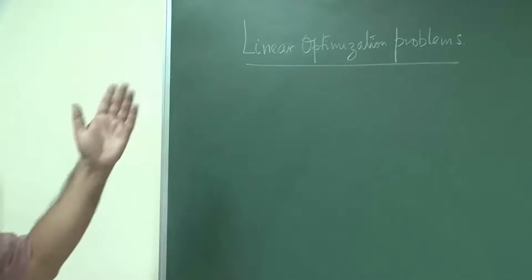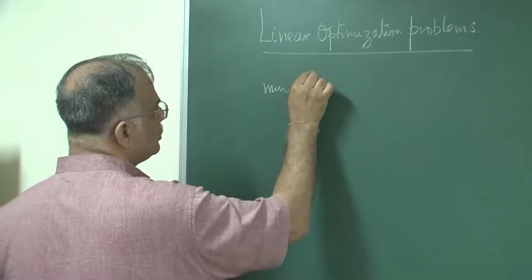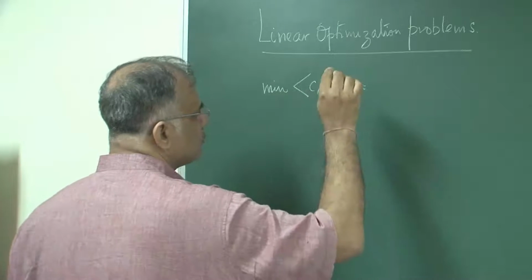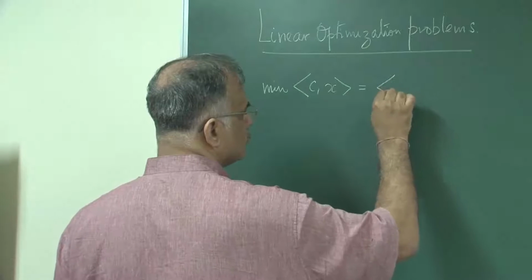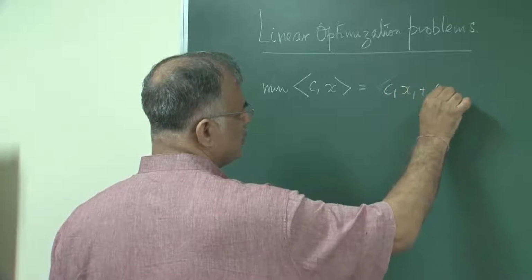There are a lot of books which deal with the linear optimization problem, where we minimize c transpose x, which is nothing but c1 x1 and so on, c is in Rn of course.